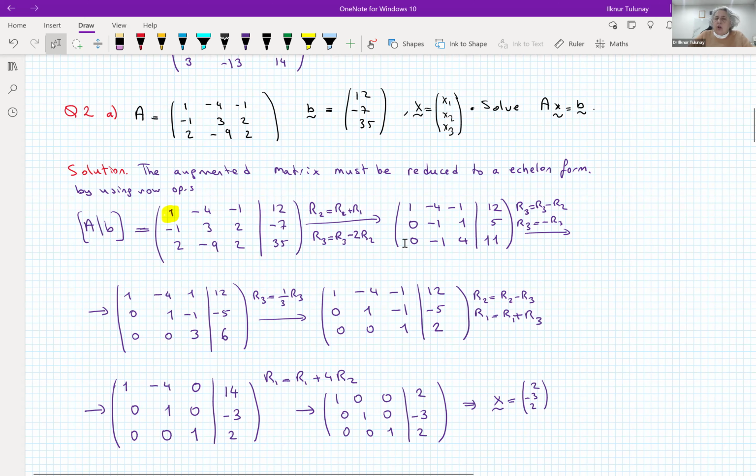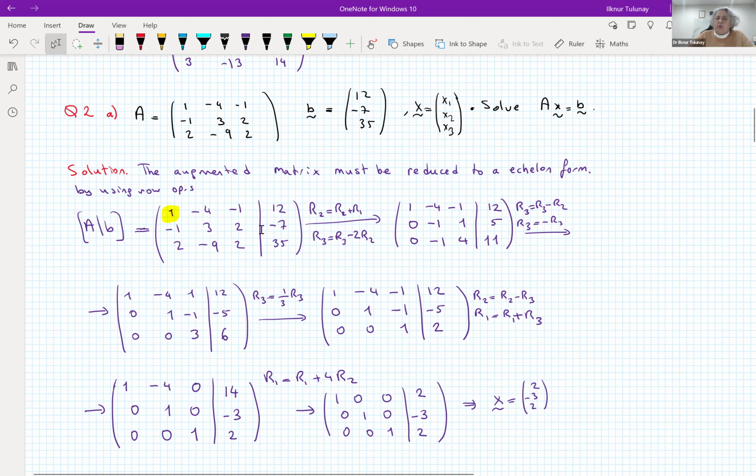Then we apply the row operations. In the row operations, we can add any row by multiplying another row with any scalar to it, and then add the row. We can swap the rows, or we can multiply a row by any nonzero scalar. So there are 3 row operations that we can do.